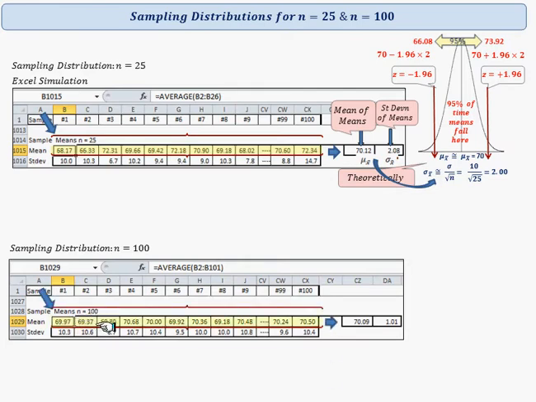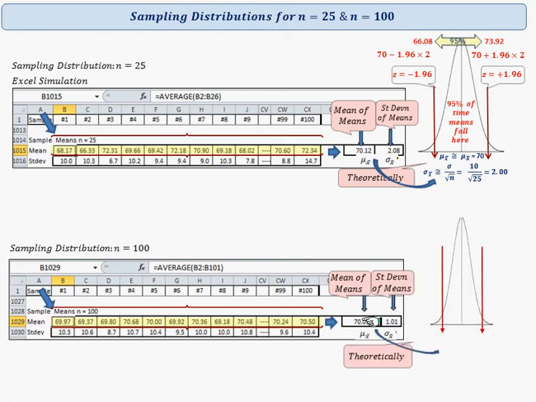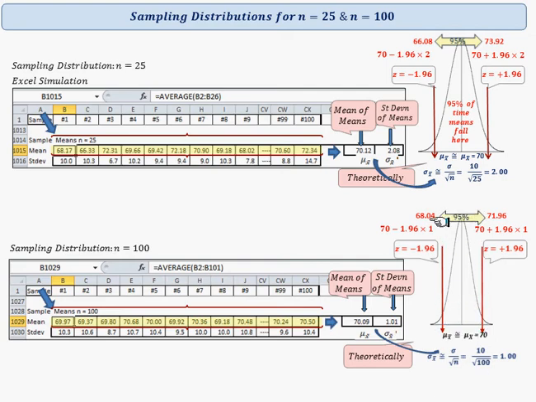We're saying the average of these means, or the mean of the means, is 70.09, standard deviation 1.01, and comparing that to the theoretical values, we find that 95% of the time the x bars will be found between the interval 68.04 and 71.96.